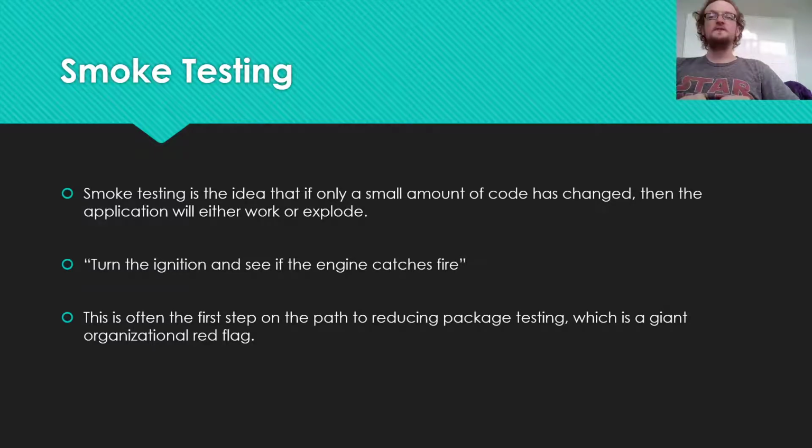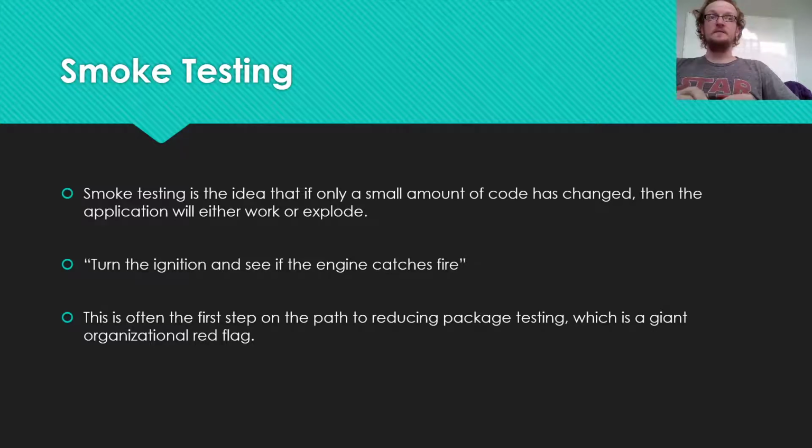This is often the very first thing that will happen once you have kind of given up the ghost. If you recognize that you have too much code to test, your timeline is too short to actually perform any of that testing, and you don't have clear guidelines for testing, like you have no automated testing, and you're in a world of hurt at this point, smoke testing is basically what people always resort to.